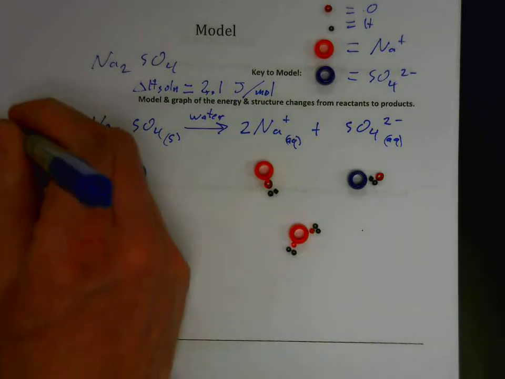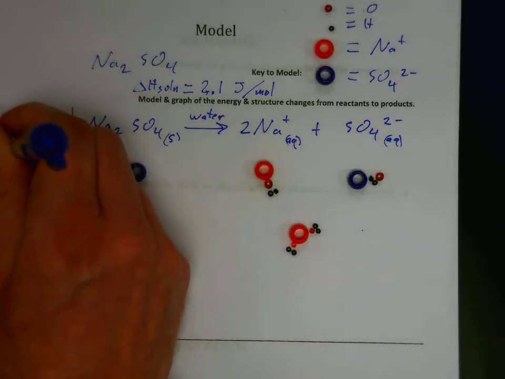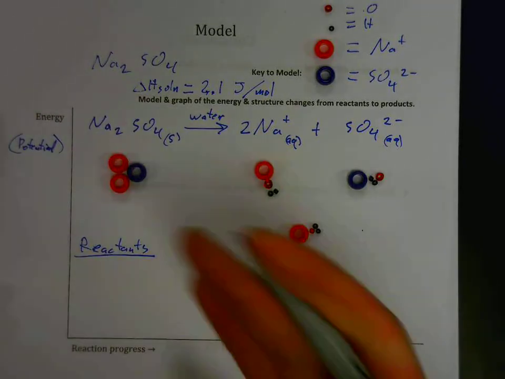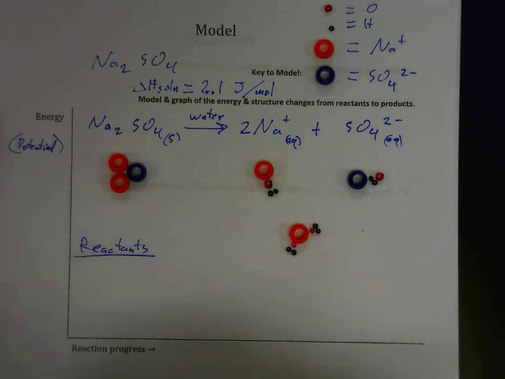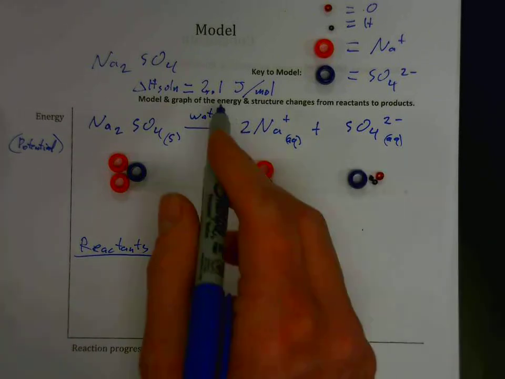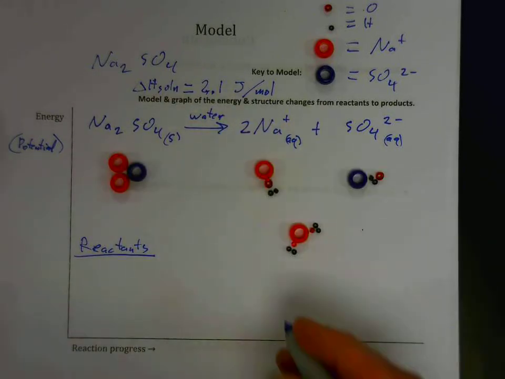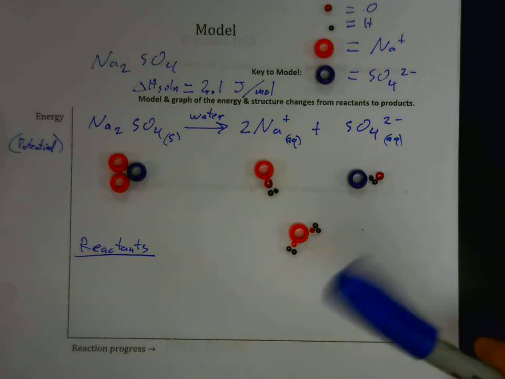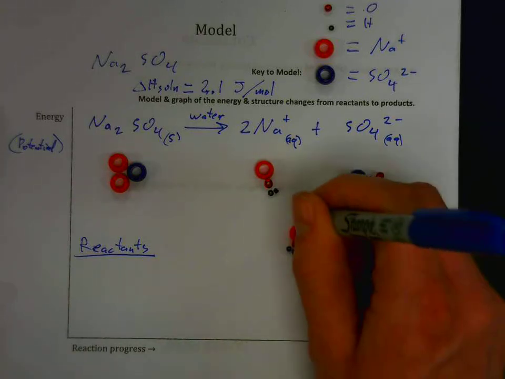Now we're thinking of potential energy. So in other words, the stored energy, not the energy that's being released to the water, but the energy that's being stored. So in this case, if the energy is going in, we would draw the products at a slightly higher energy level.